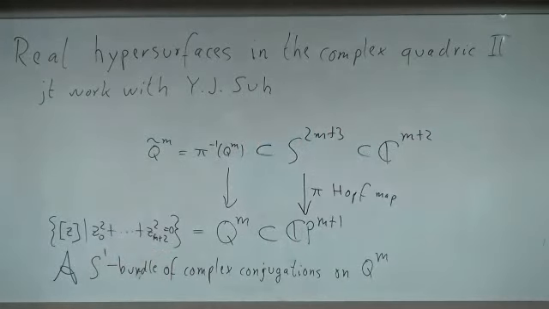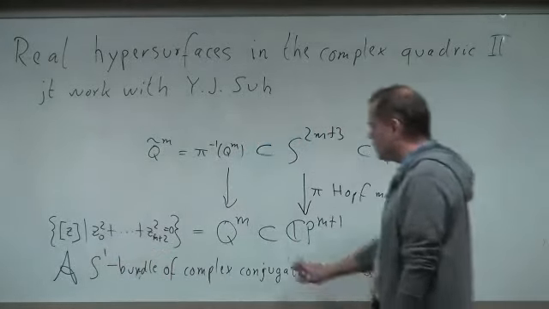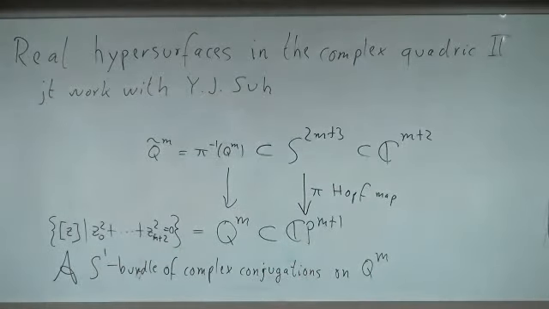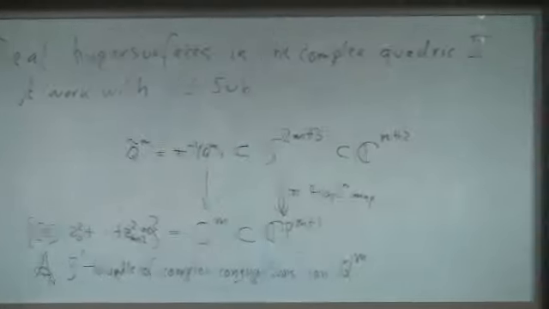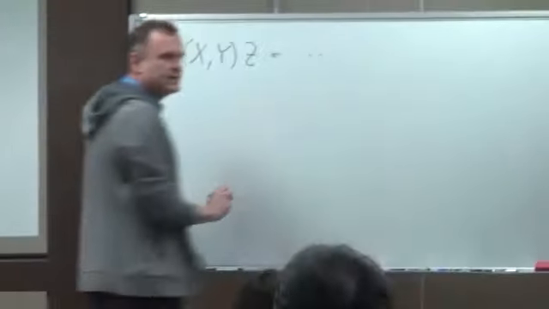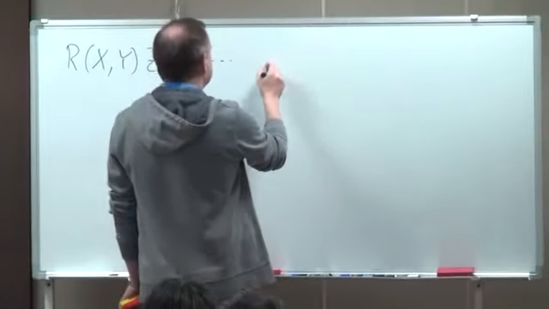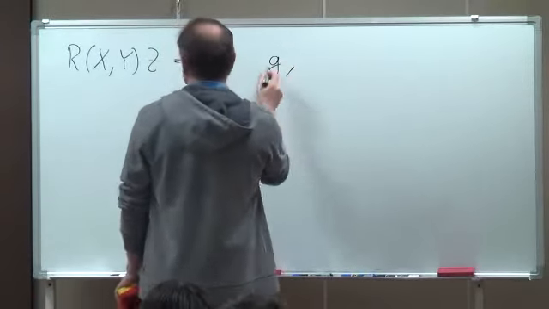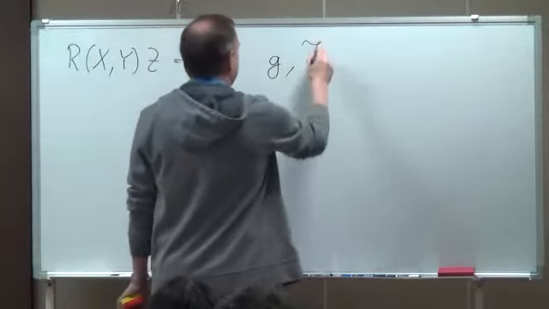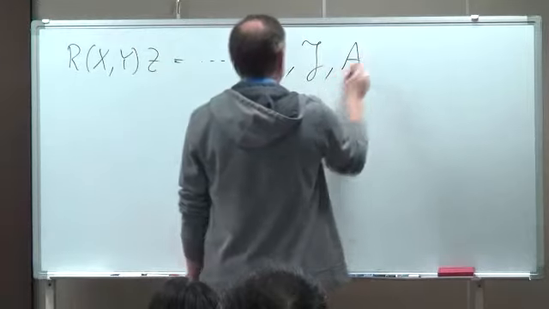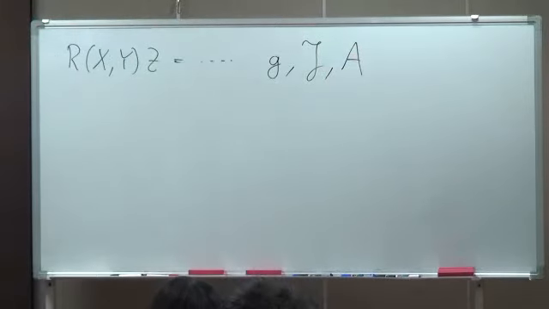And then once we had this S^1 bundle, I was able to get an explicit description of the curvature tensor, which I don't want to write down anymore, but it depends on g, the metric on the quadric, the complex structure on the quadric, and an arbitrary complex conjugation in here.